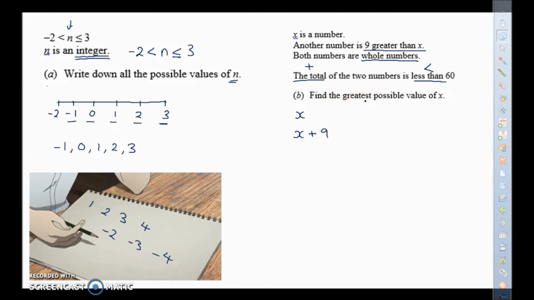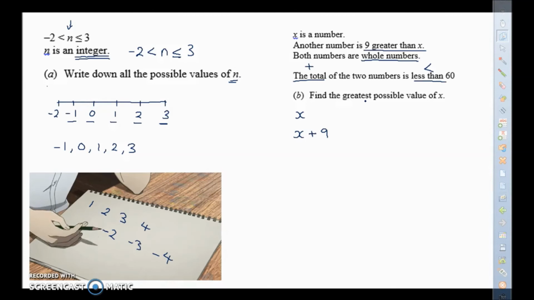So what's the highest total we can have? What's the highest number we can have so we're still under 60? So you could do a bit of trial and error. I've seen people do it through trial and error, but it takes a long time, and you can get lost. There is a better way to do it. You can set up an equation, or what's an inequality, because we haven't got an equation.